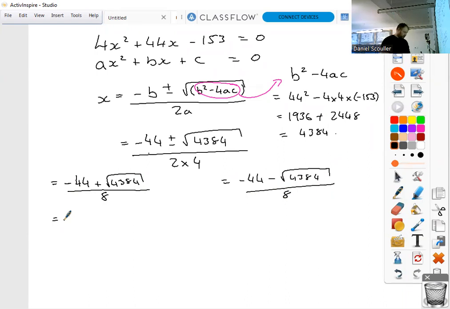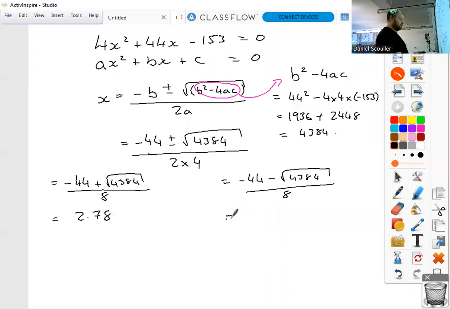Put them on your calculator, minus 44 plus root 4384 divided by 8. 2.78.